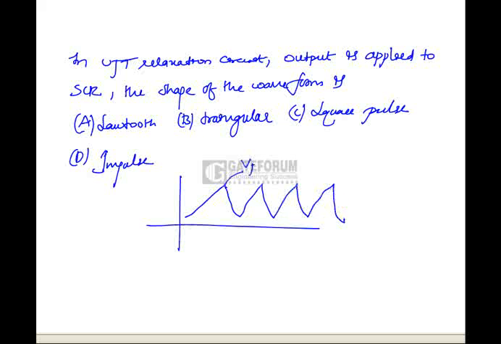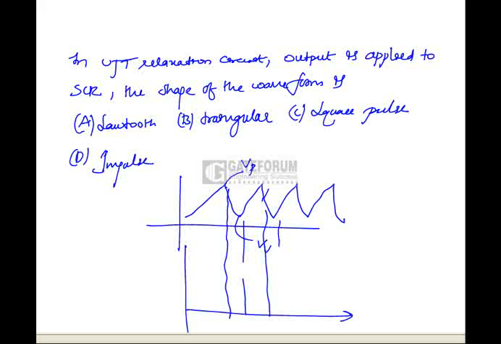This is called the peak point and this is called the valley point. Now the UJT will conduct only when it reaches its peak point, and it will turn off when the voltage is equal to the valley point. That means the output waveform will be like this.